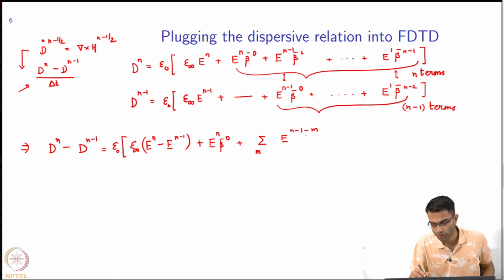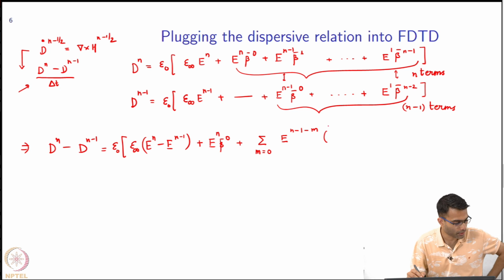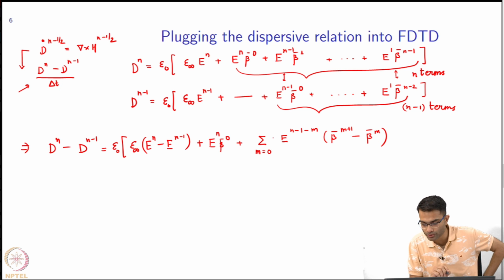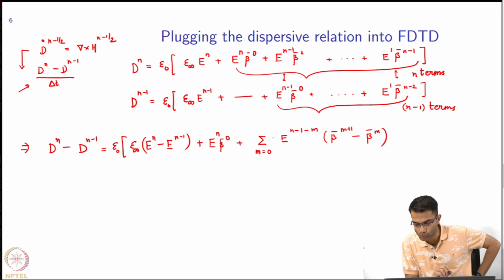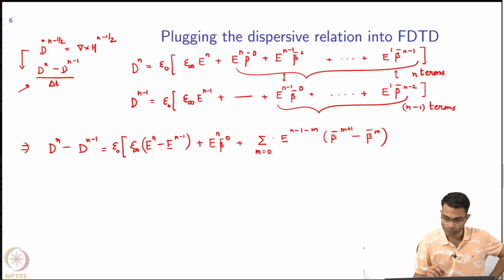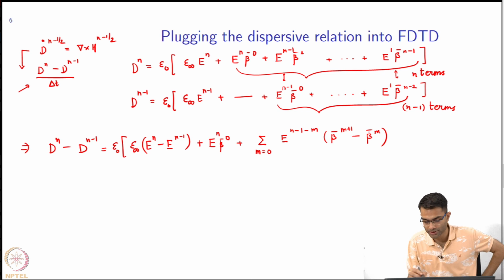Okay, so look at the first term, E n minus 1. So, what should M start from? 0. And what do I have over here? Bracket beta bar M plus 1 minus beta bar M. And the summation M is going to go from 0 to N minus 2; this last term is the hint.